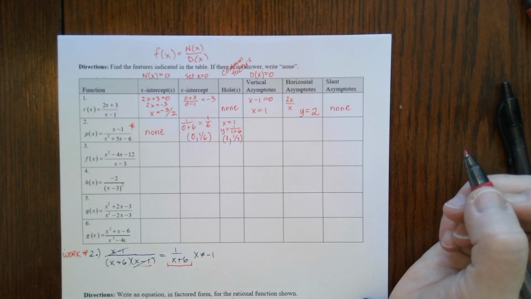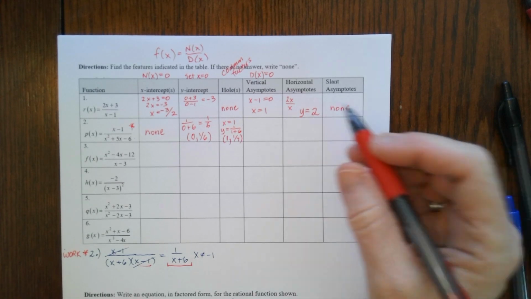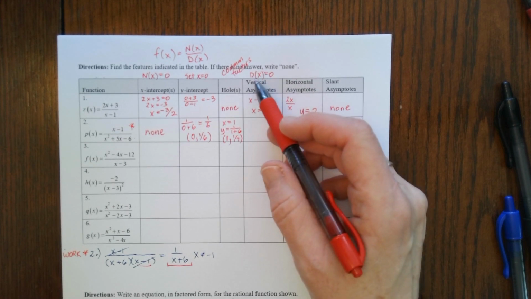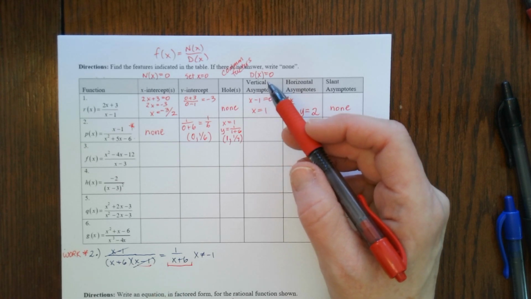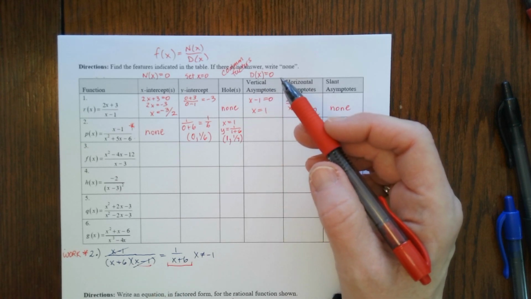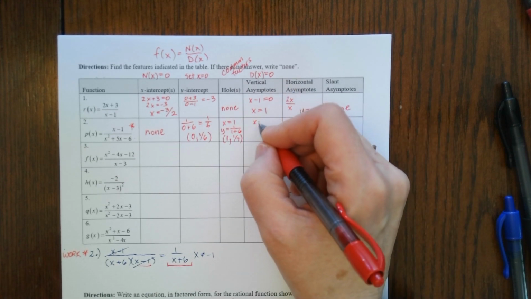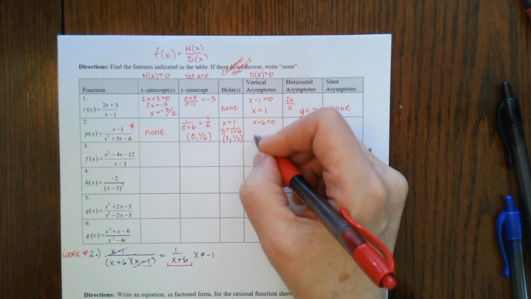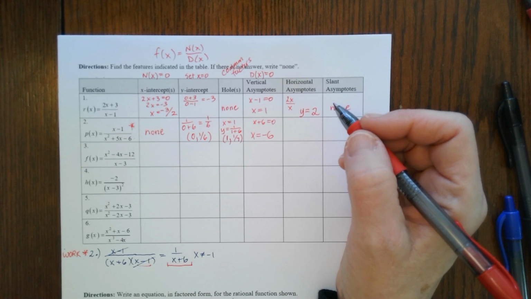Vertical asymptote for problem 2. We want to look at when D(x) is equal to 0 and there are no holes. That's the situation when x plus 6 is 0, or x equals minus 6. That's our vertical asymptote.